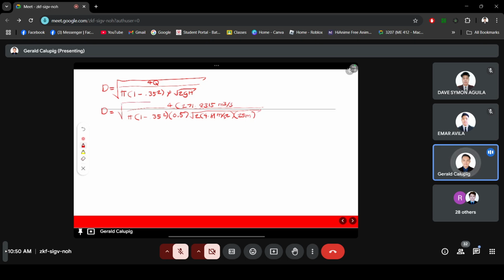Let's have the square root of this expression. So we can have d is equal to what? What is our value of d? Please try to solve po.